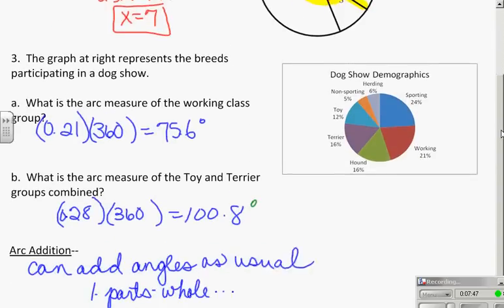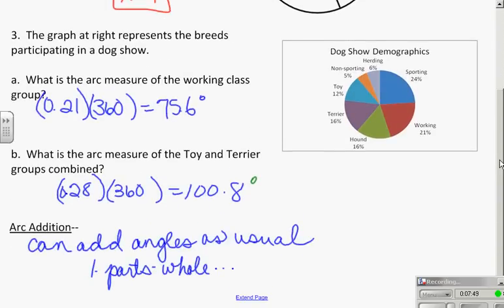Now this next one asks us to take a real-life problem of a pie chart and talk about it in terms of degree measure. So when we think about a pie chart, for the working class group, for part A, that is 21% of the circle.